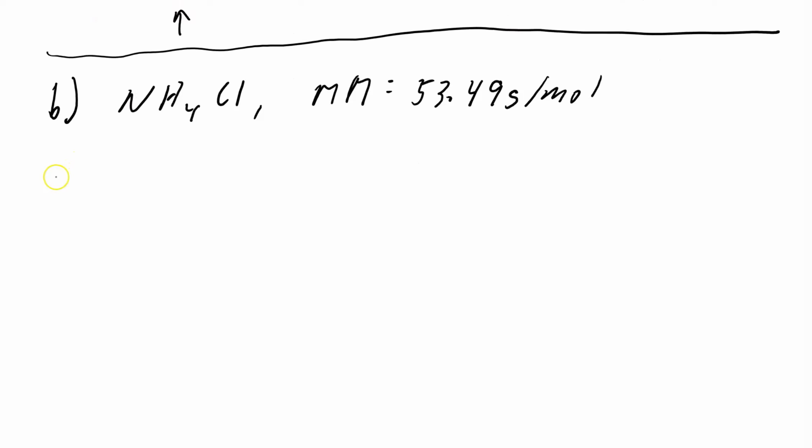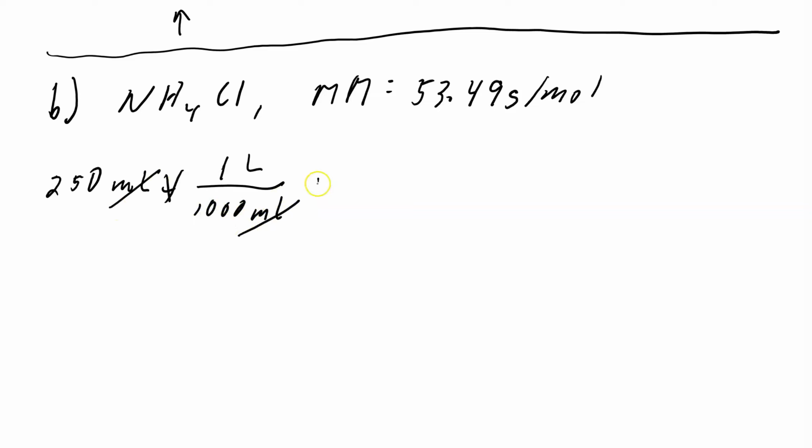So we start again with 250 milliliters of our solution times 1 liter over 1,000 milliliters. Milliliters again cancel. Now I use my conversion factor, molarity, 1.10 moles per liter. Liters cancel.